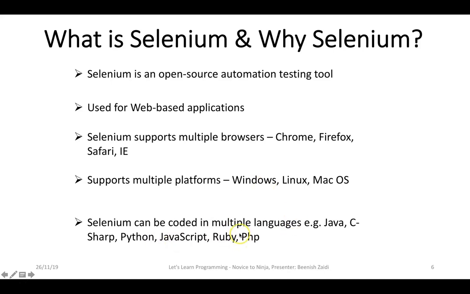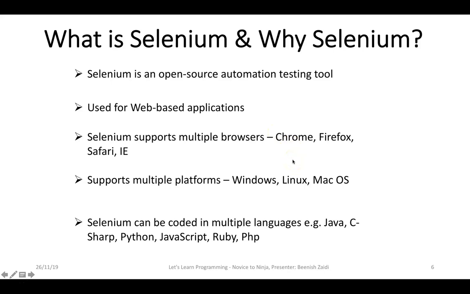And there is a way to verify which languages Selenium supports as clients, and I'll show that to you in a minute. So this is a high-level summary of why Selenium. If you want an open source tool, Selenium. If you want to automate your web-based applications, it's beautiful. It has good industry support. So that is why Selenium.